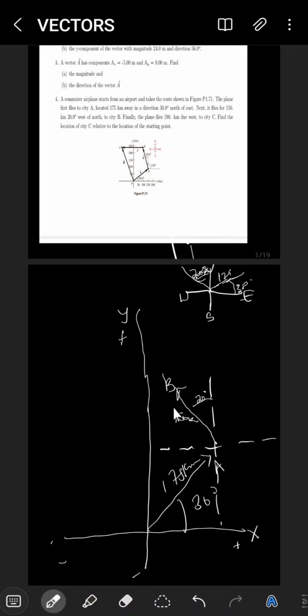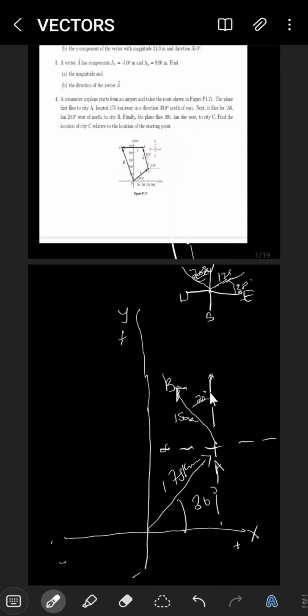This should be B. This is its head, this is its tail, head to tail. By compass, this is northwest, 20 degrees west of north. That is B.